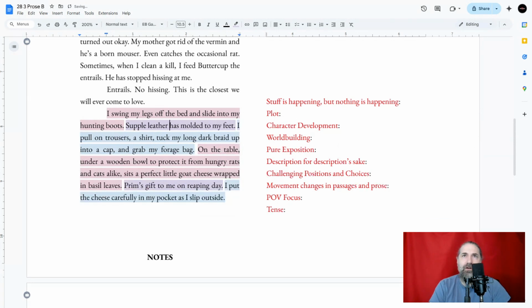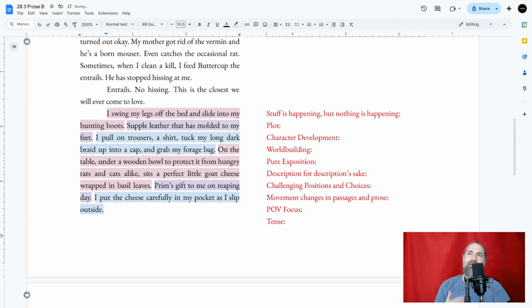What are you going for? Are you going for has molded, as in it's immediately happening, or that has, giving it a history? So sometimes it's okay. The other thing is, this sentence technically is not correct. I pull on trousers, a shirt, tuck my long dark braid up into a cap, and grab my forage bag.